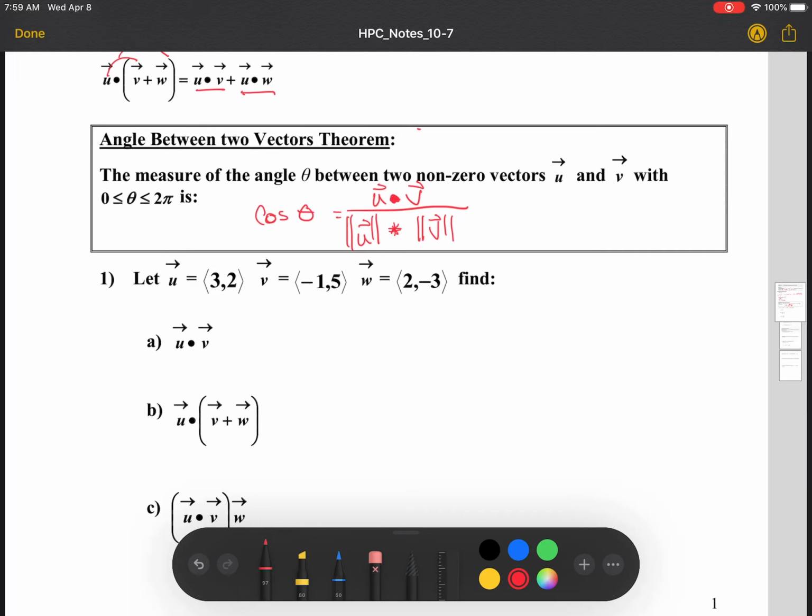I'm going to make stars for multiplication in this unit, and dots for the dot product, because those dots can get confusing.